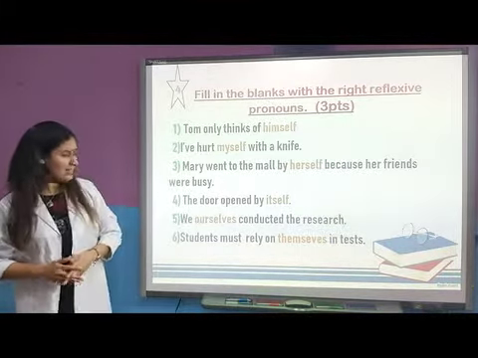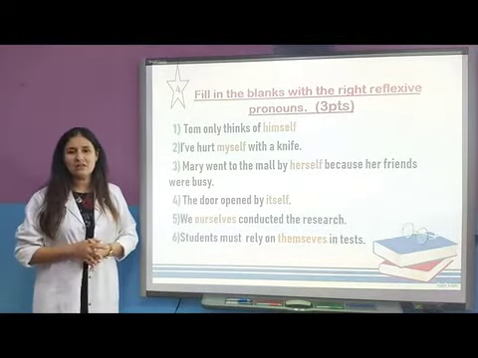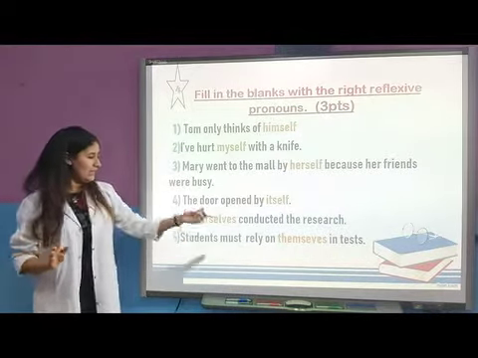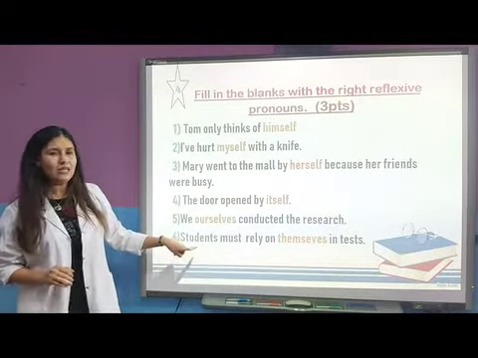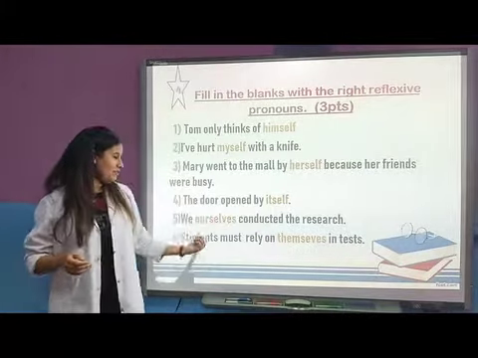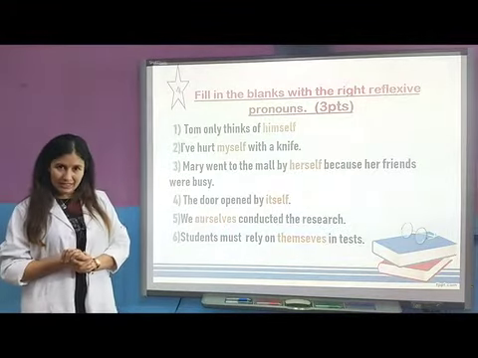And 6, students must rely on themselves in tests. This means that they mustn't cheat at all. Here our subject is students, which is the plural subject or they, and themselves refers to students. Clear?